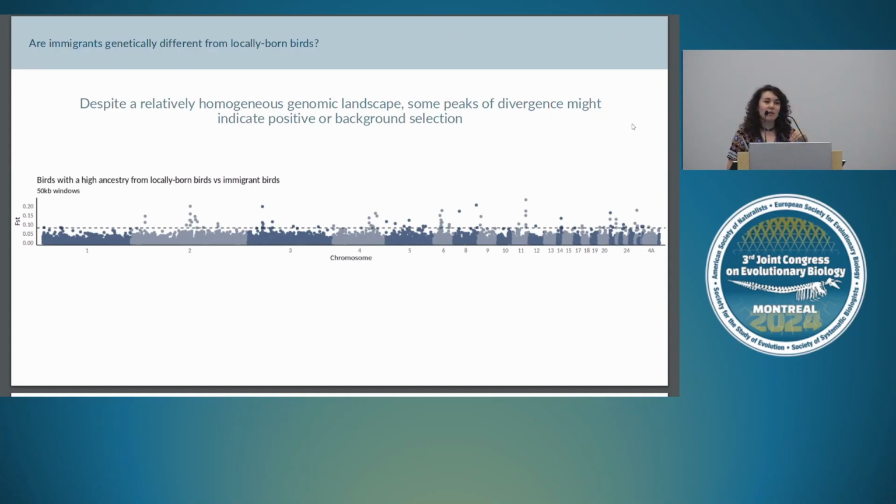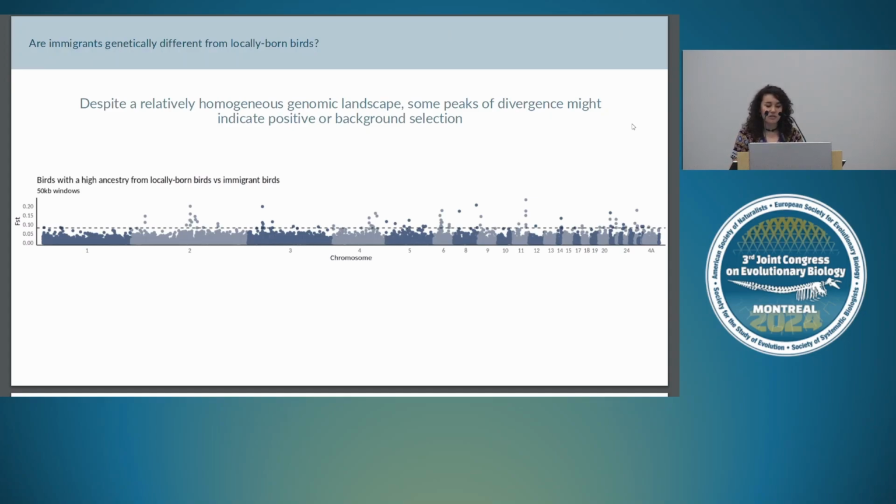So I'm getting individuals for which parents, great-grandparents, etc., all of those are resident as well. Then I'm computing FST, and what I see is that even though the genome is quite homogeneous, there are some parts of the genome that are highly divergent, which could mean that there's positive selection, but it could also mean so many other things, like background selection or many artifacts.